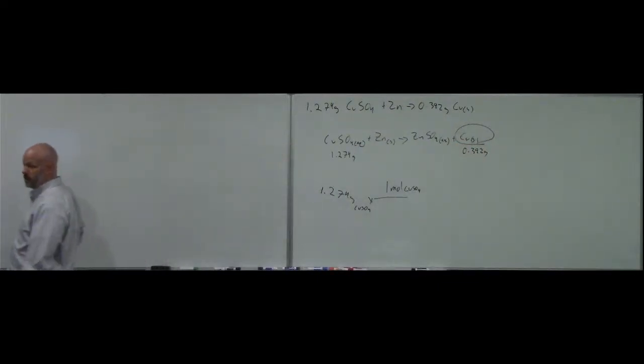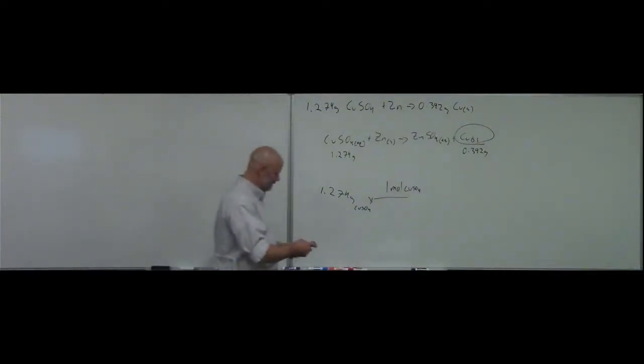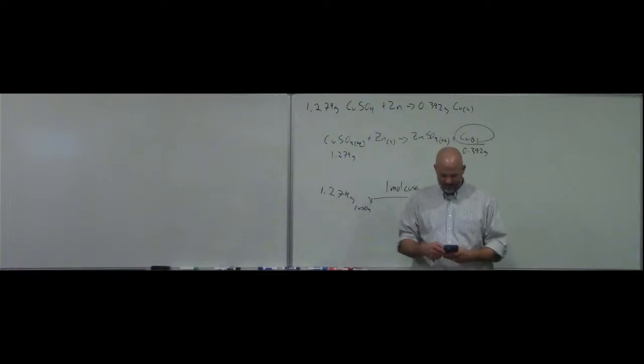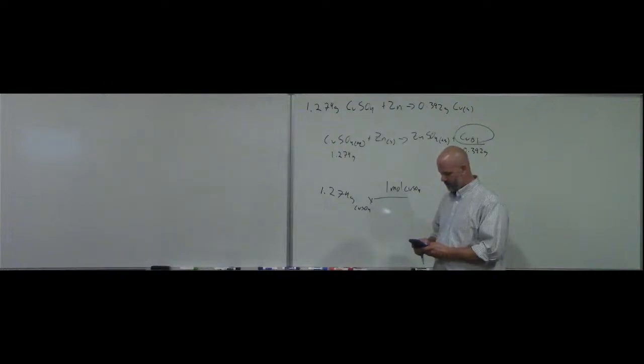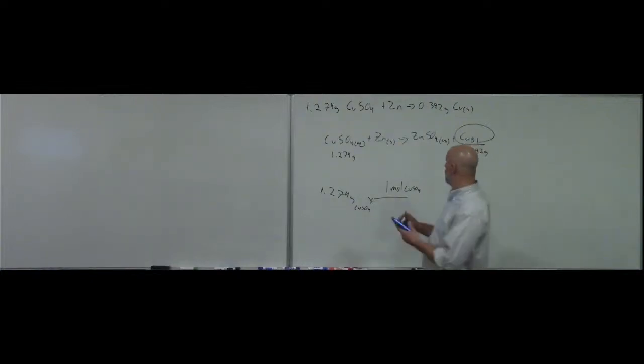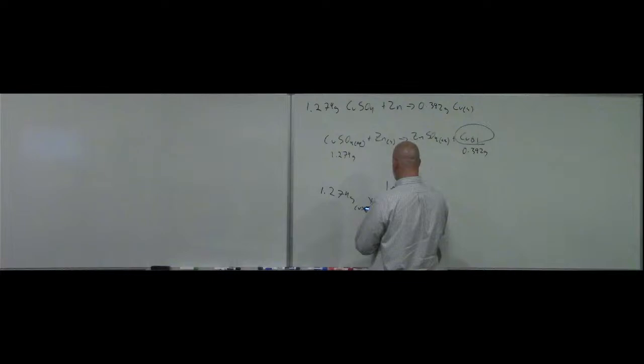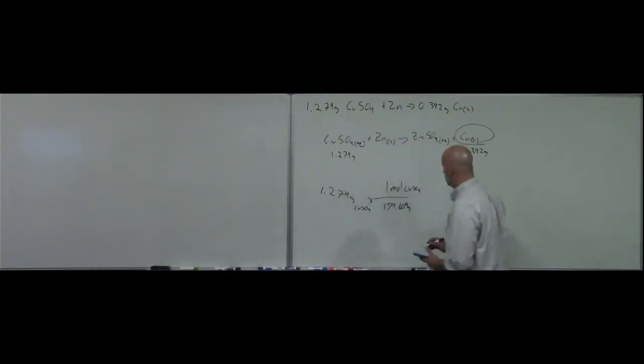I'll be real honest with you, when I'm sitting here doing my computer, I just type in molar mass of CuSO4 and it does it for me really fast. Might be the way to go for us right now. Molar mass of CuSO4. See what we get. It's 159.609 grams per mole.